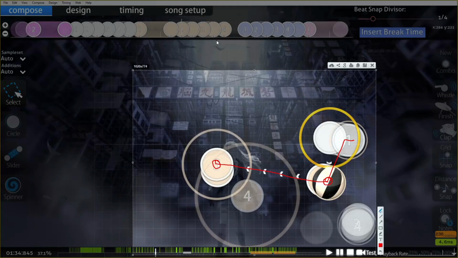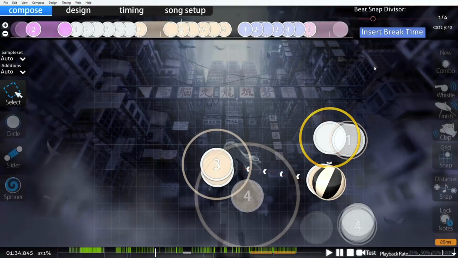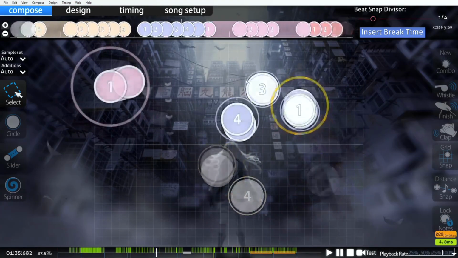And this in total emphasizes the vocals more, and while you're emphasizing the vocals, you're not missing out on emphasizing the drums. And you can see that by what's happening in that section.